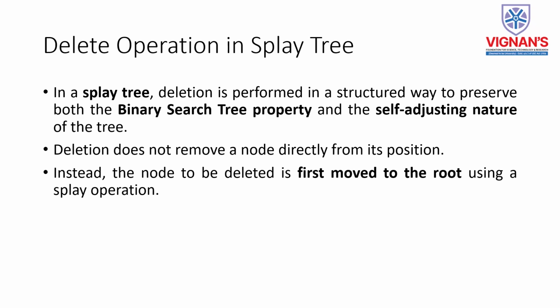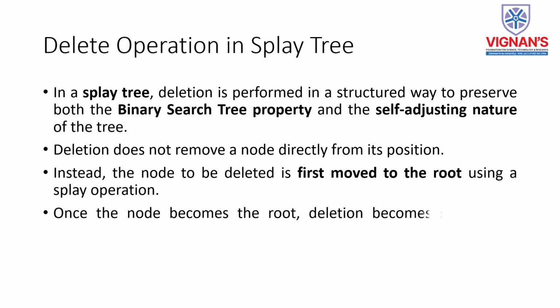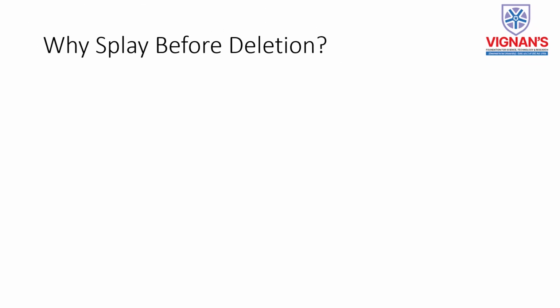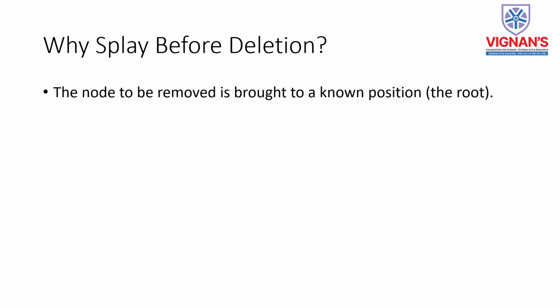Once the node becomes the root, deletion becomes simple and controlled. After reaching the root, removing the node is easier and avoids complex restructuring. Why should we perform splay before deletion? The node to be removed is brought to a known position, the root. Splaying places the node at a fixed and predictable position. Subtrees can be handled independently.